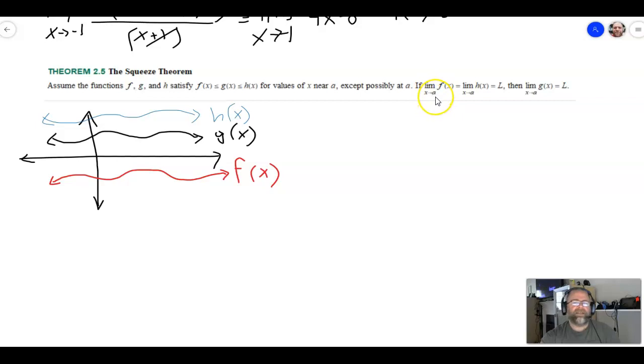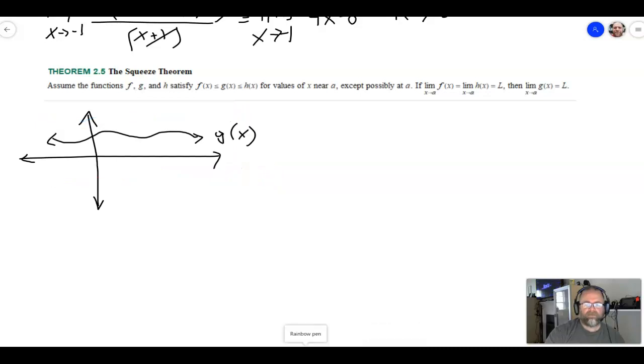And if the limit as x approaches a of f of x is equal to the limit as x approaches a of h of x, which is equal to some value L, then the limit as x approaches a of g of x is equal to that L. So I probably should have done this a little differently.